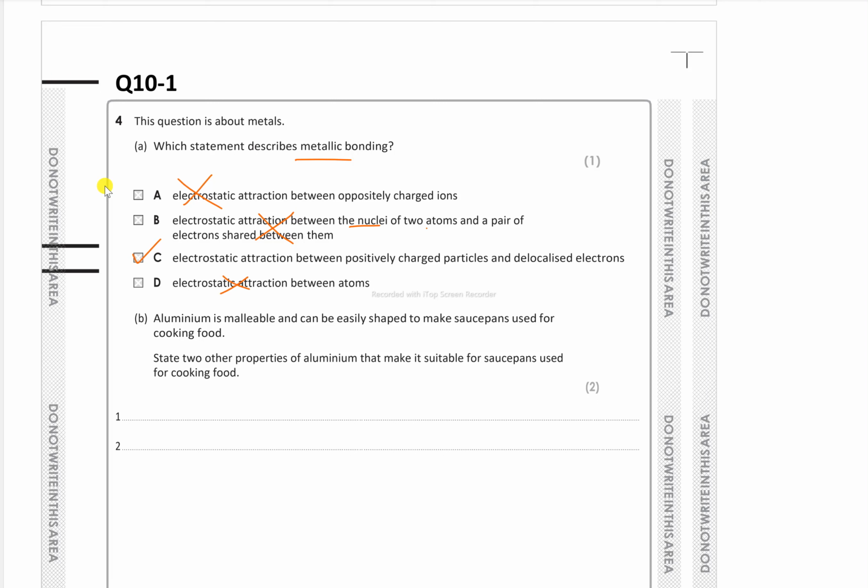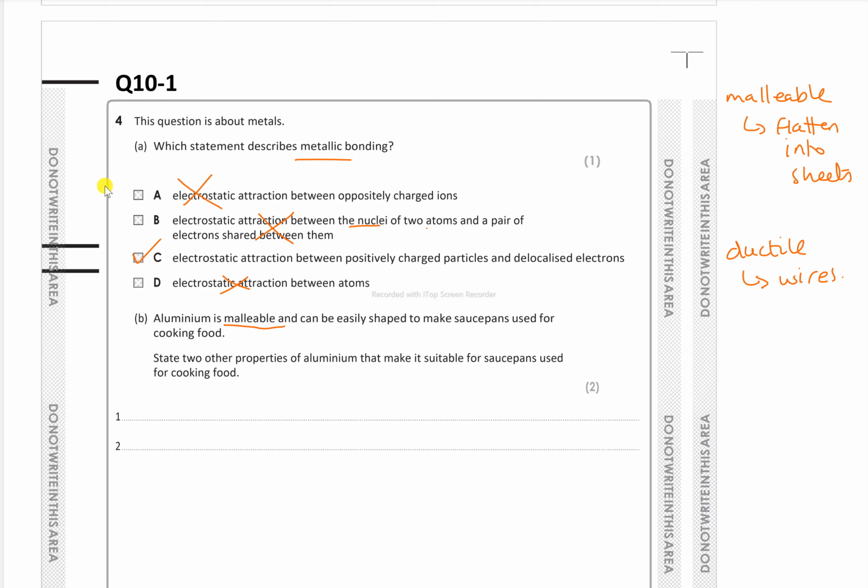Between two atoms, no. Aluminium is malleable. Remember we said two words you need to learn? Malleable, you can flatten it into sheets. Ductile, that means you can draw it into wires.